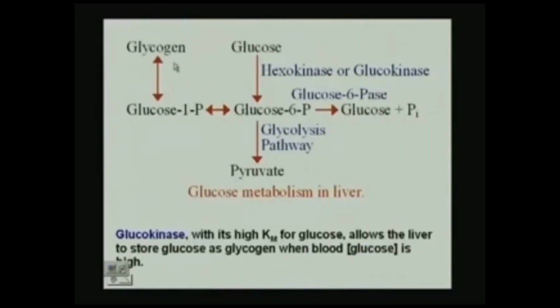So what happens in this case: glucokinase, with its high Km value for glucose, allows the liver to store glucose as glycogen when the blood glucose level is high. So, when the blood glucose concentration is high, it will allow the storage of glucose as glycogen.